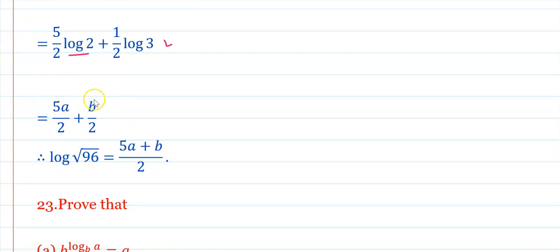Log of 2 is a and log of 3 is b. Therefore 5 by 2 a plus b by 2. And this is nothing but the log of root of 96 equals to. We can add these, as both have the same base. Therefore 5a plus b upon 2 is the log of root of 96.